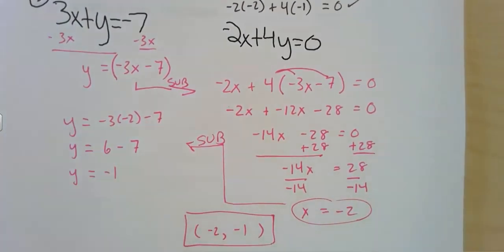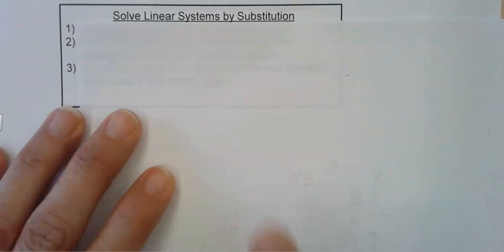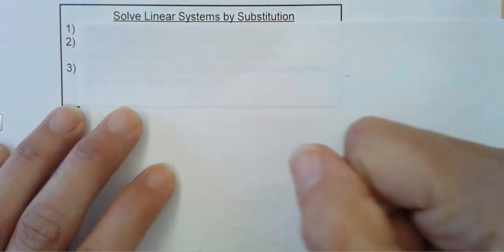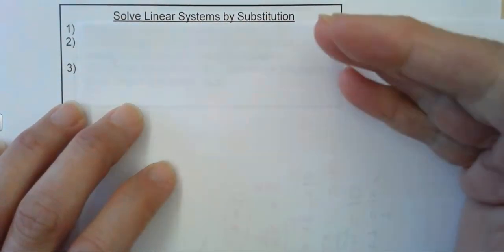Okay, so our final point today is just to sum this up. How did we do this? Put this into process. So how do we solve linear systems by substitution? You know, being able to explain the process is the higher cognitive ability.